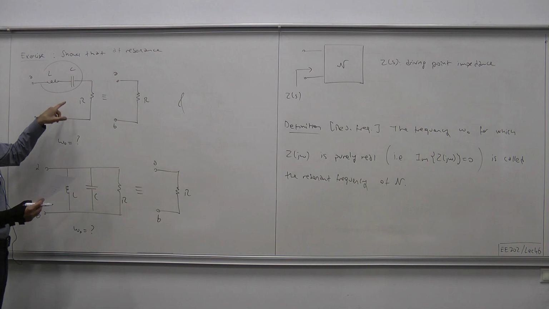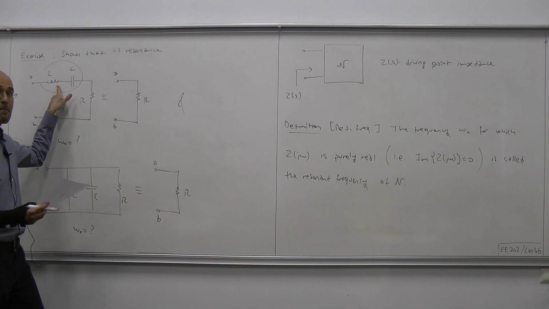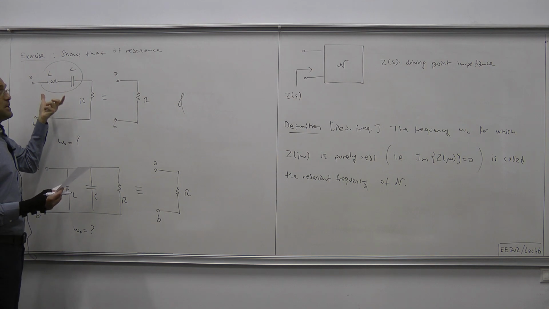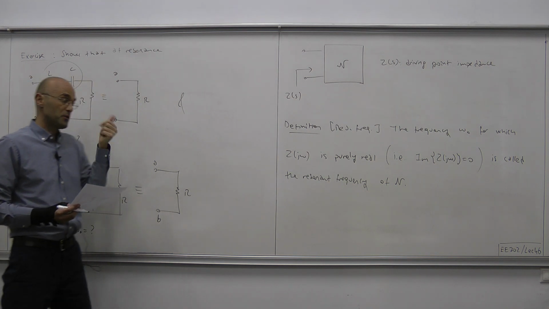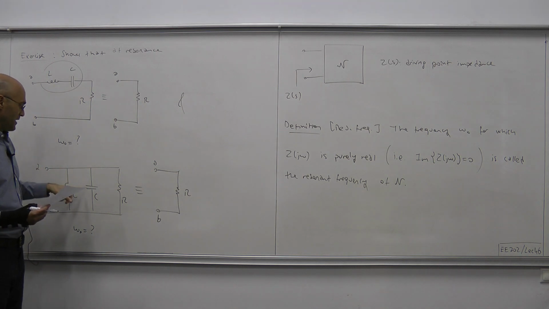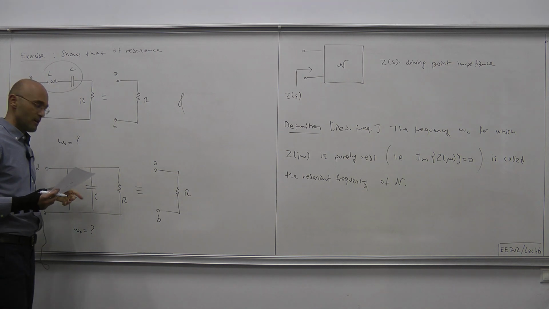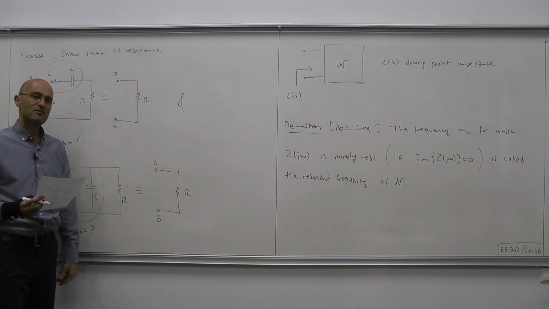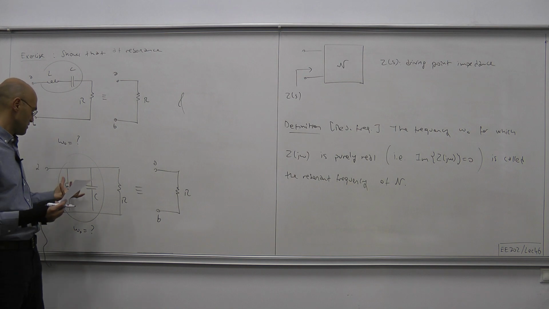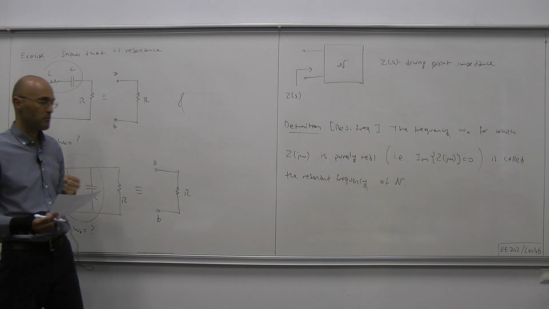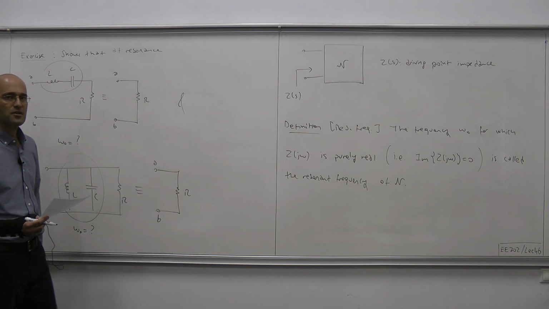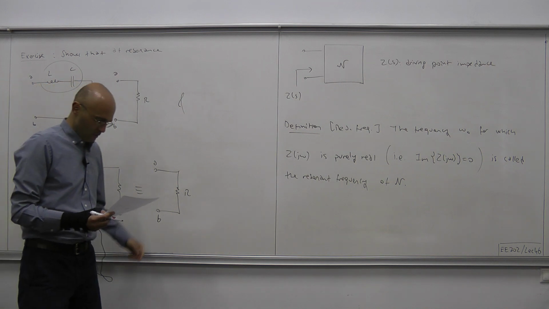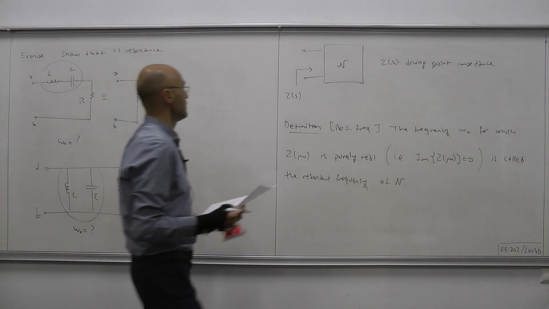Here at resonant frequency, this series LC piece behaves like a short circuit, and here the dual thing happens: at resonance, this parallel connection behaves like an open circuit. So we can just take it out of the picture, and what remains is just this resistor here.